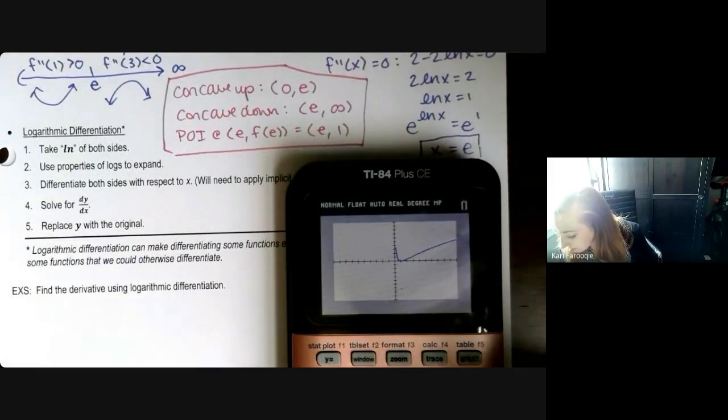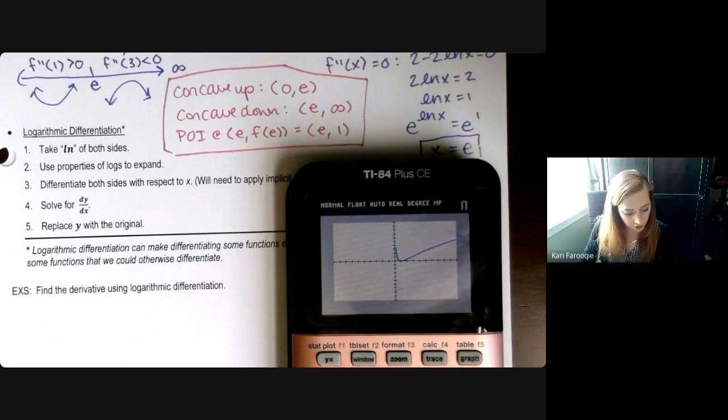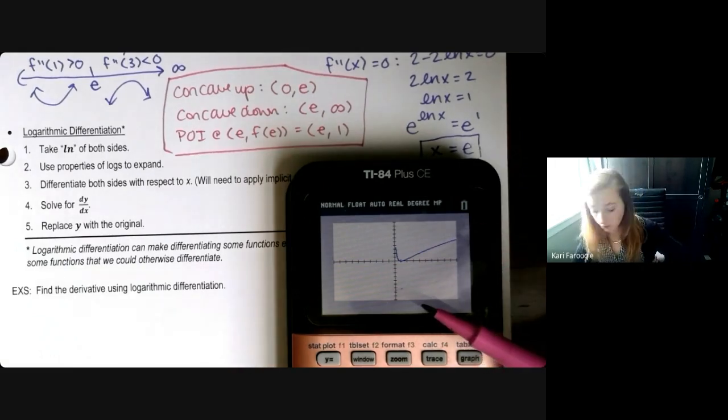Now, that's a little bit harder to check. Concave down, frown. See, now I just don't know. Concave. Oh, no. Concave up from 0 to e. I know. Why did I say concave down? I'm like, that doesn't look like what's happening on the graph. Okay. Concave up from 0 to e.